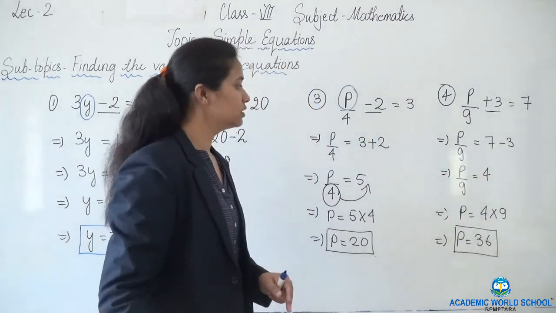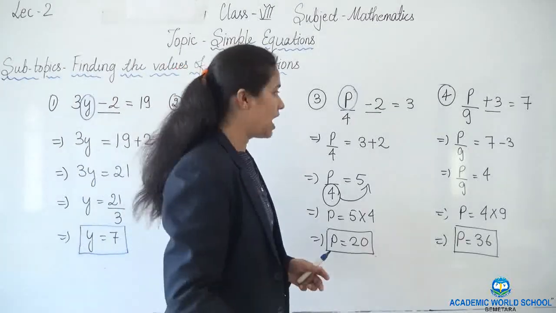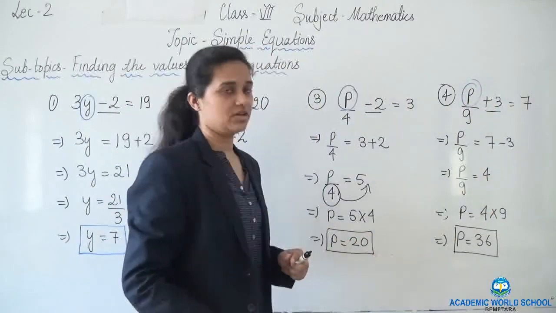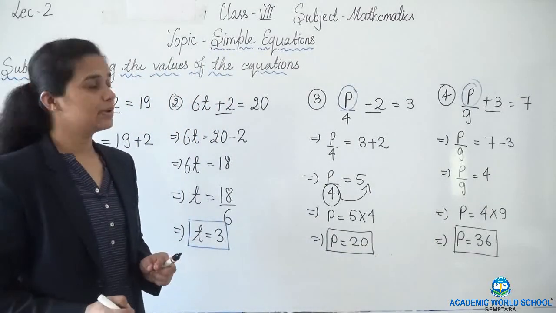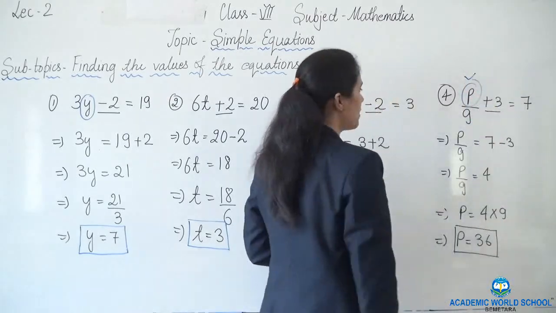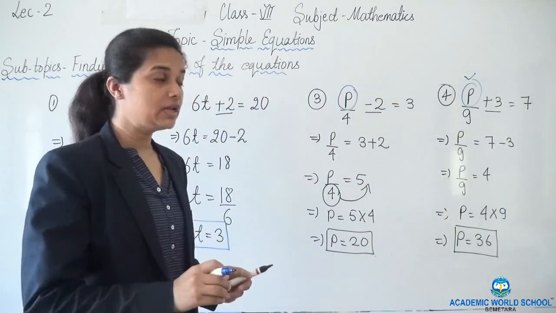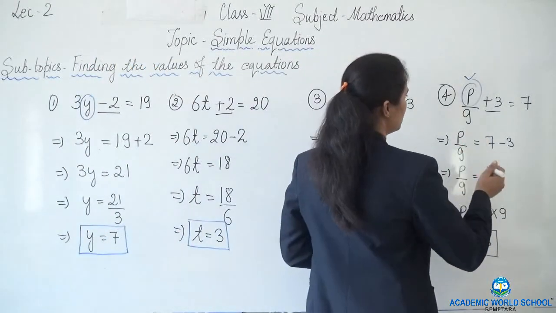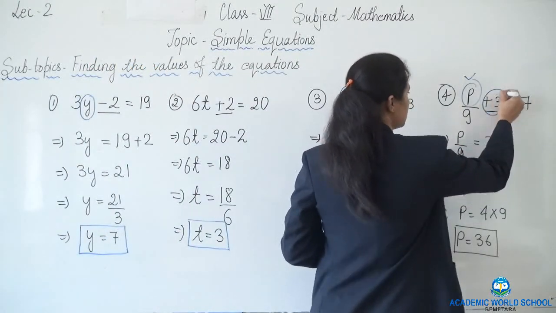So I have a question where we have P upon 9 plus 3 equals 7, and we have to find the value of P. First we will reduce the question to the form in which we know how to find the value. So first we will remove plus 3.